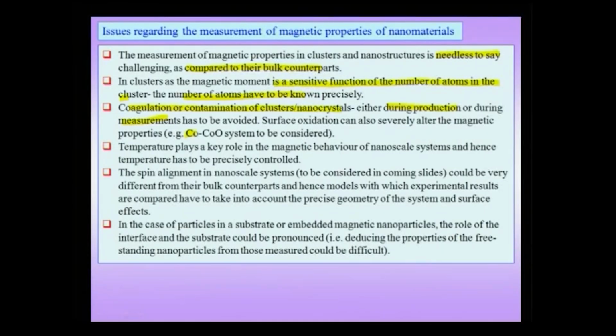On surface oxidation, you actually form a cobalt oxide on the surface, and the cobalt oxide system has a very different magnetic behavior, which we will consider shortly, and which is at the heart of a phenomenon known as the exchange anisotropy. Therefore, we should avoid any kind of contamination or any kind of reaction with the atmosphere during production or during the measurement process.